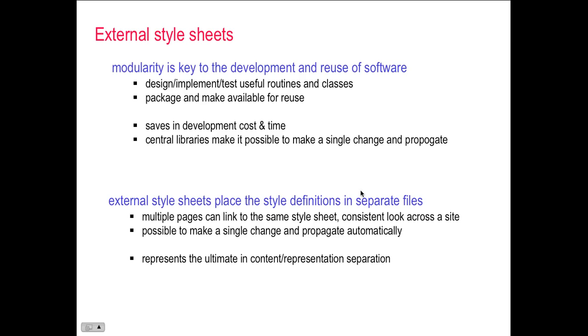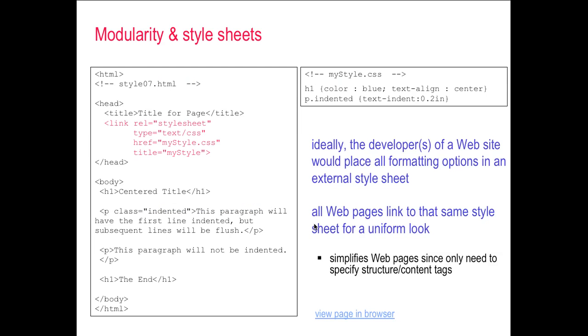So external style sheets take the style definitions and put them into a separate file. You still load it, but instead of putting it into the head section of the document, you load the file in. So multiple pages can be linked to the same style sheet. It gives you a consistent look and feel, possible to make a single change, propagate out automatically, represents the ultimate in content representation separation.